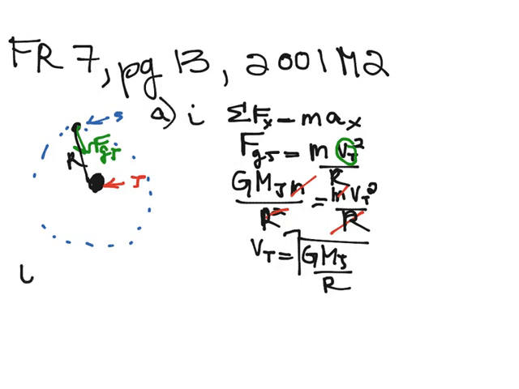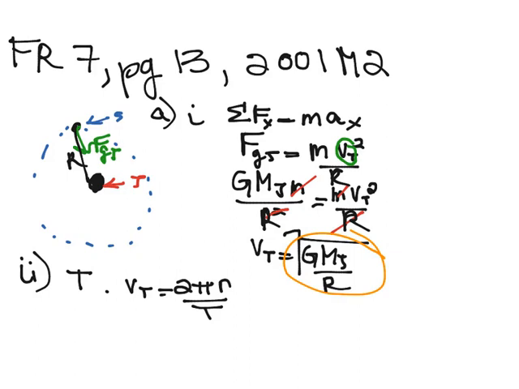In the second part, it wants us to find T, and T is the period of the satellite. To think about this, we remember that v_T is equal to 2 pi R divided by T. And so we can go ahead and use that, and we can plug this in for v_T.